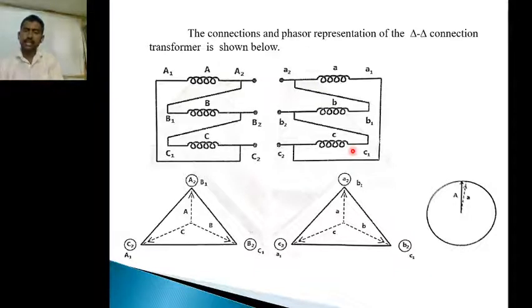Capital D represents the primary winding connection, and small d represents the secondary winding connection. So capital D small d 12 means the primary winding is delta, the secondary winding is also delta, and 12 o'clock means same phase.